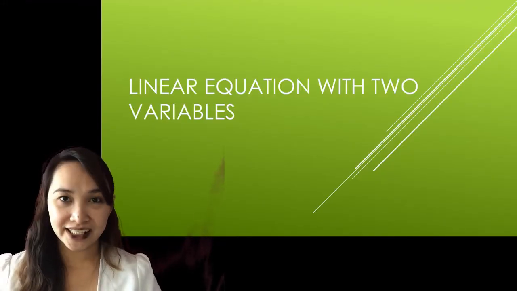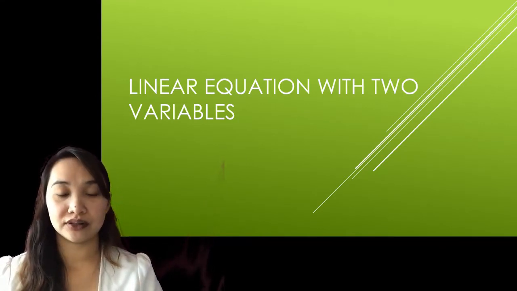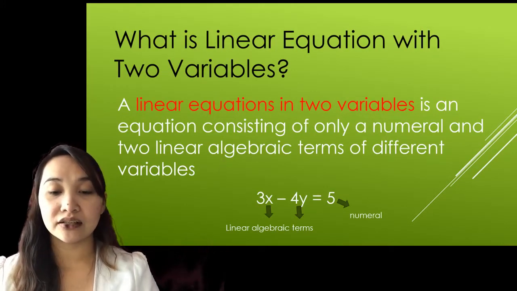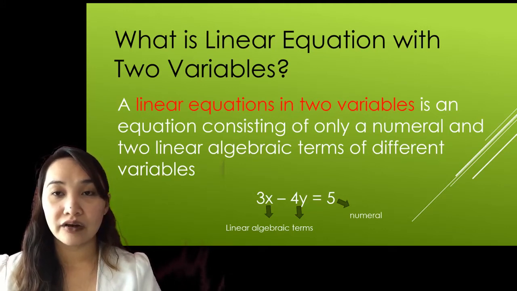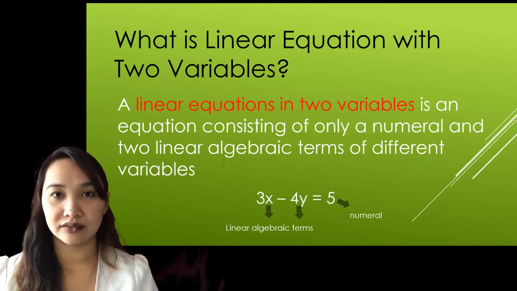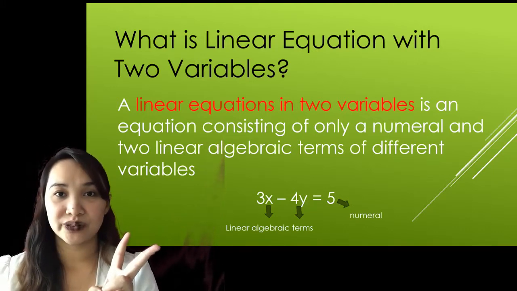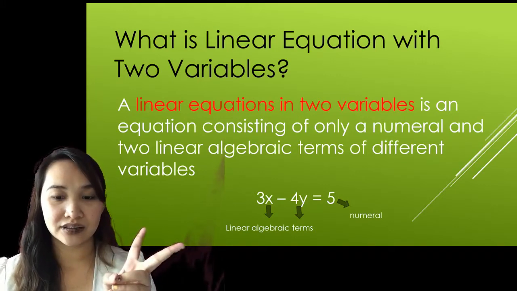So let's start. What is a linear equation with two variables? A linear equation in two variables is an equation consisting of a numerical value and two linear algebraic terms, meaning it has different variables.